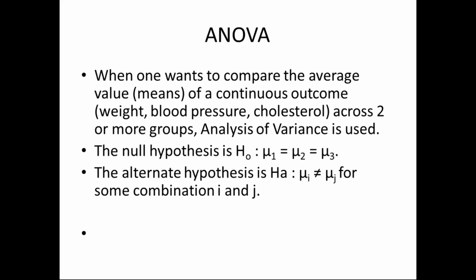Let me ask you this, trap question. It's really not a trap question. If mu1 is equal to mu2 is equal to mu3, if all those numbers are equal, do those numbers have variance? No. There's no variance. That's the variance you're trying to analyze, the variance of the means, if they exist.